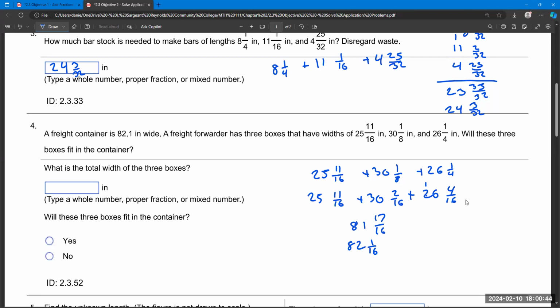And 1/16 is 0.0625, so this is 82.06 something. So yes, it will fit. This is 82 and 1/16 inches. So yes, because that's smaller than the 82 1/10 of an inch.